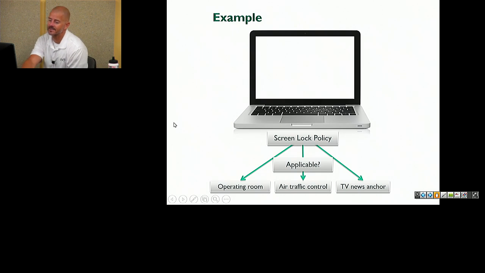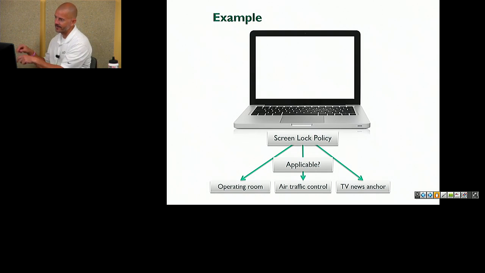Some examples: think of an operating room in an ER. If the doctor is utilizing a computer, you don't want your screen lock policy to kick in after 2 minutes of non-use on that particular device. Poof, all of a sudden you have a locked screen. Nobody remembers the password. We're in a critical crunch time. Life or death time is relevant.